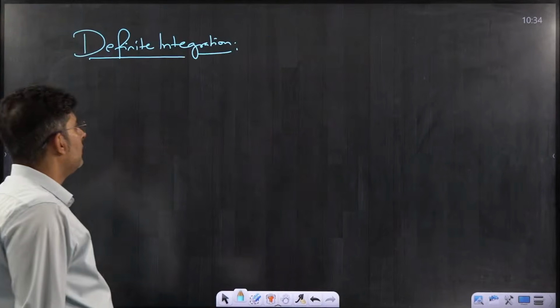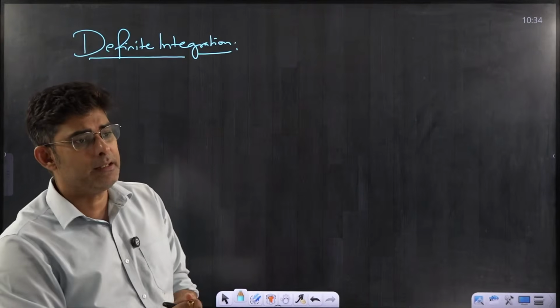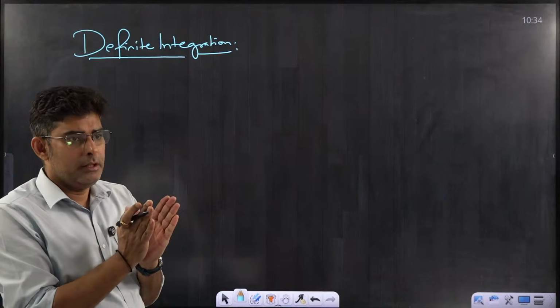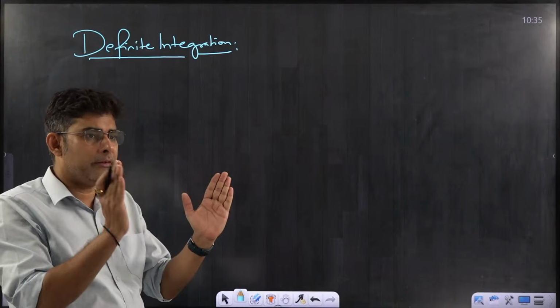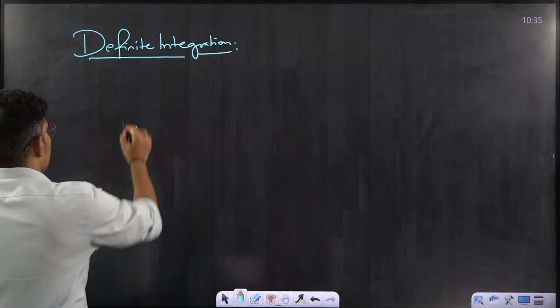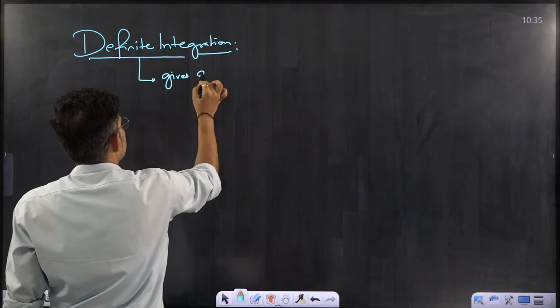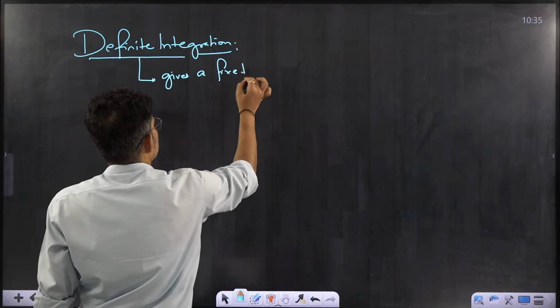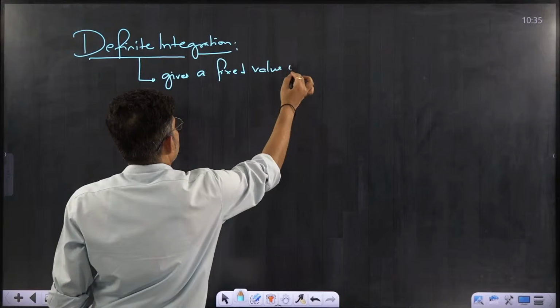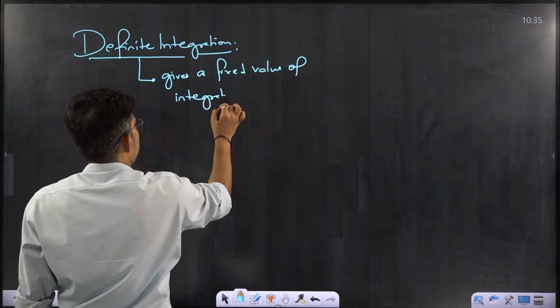So here, in definite integration, limits are applied. Limits are applied means when we are giving boundaries that we have to find the value from this value of x to this value of x, then you get definite integration. This gives a fixed value of integration.